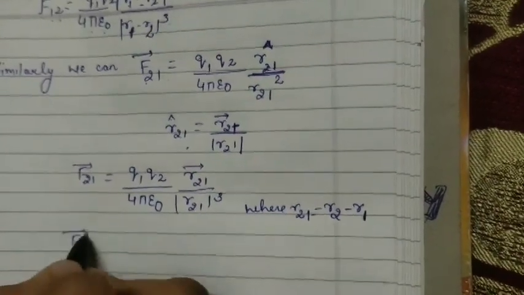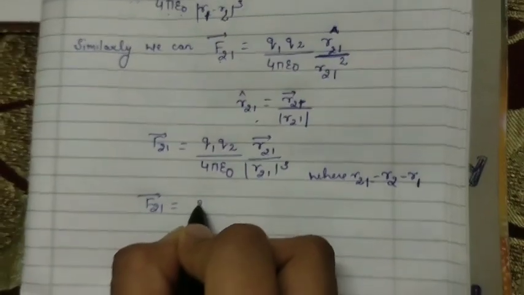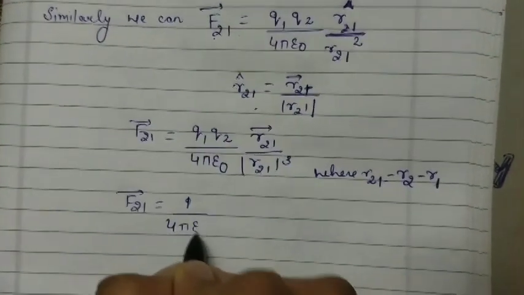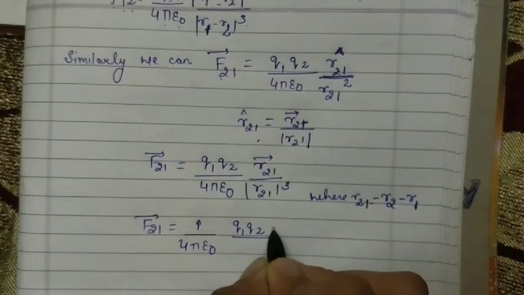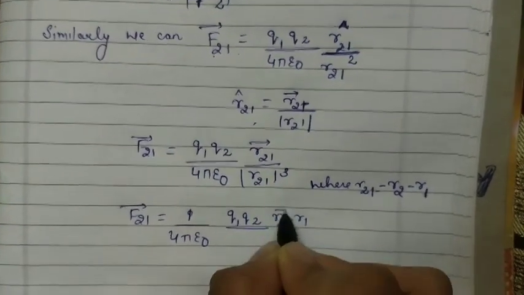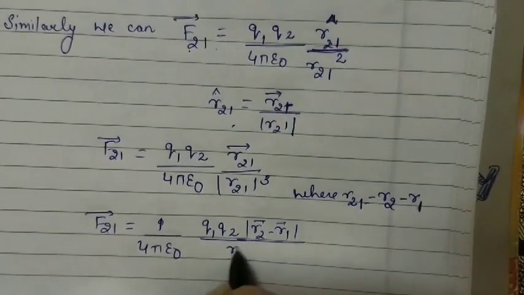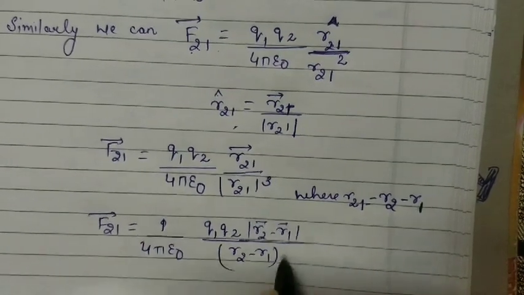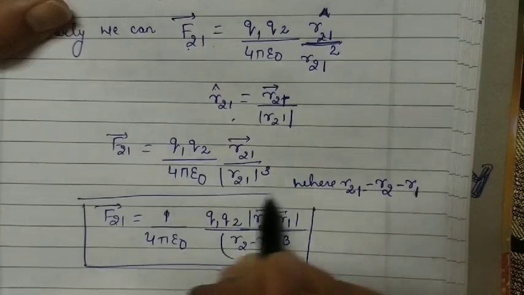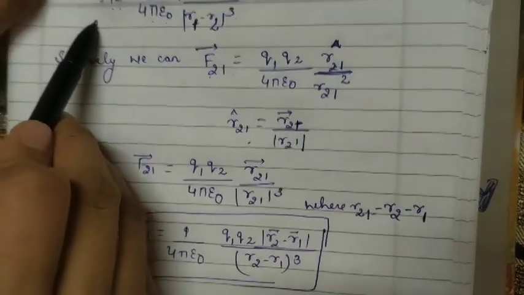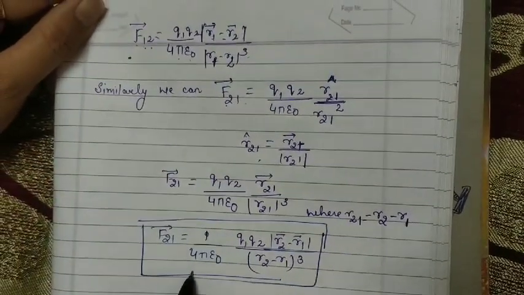So the force F21 is equal to 1 upon 4 pi epsilon naught Q1 Q2 R2 minus R1 divided by R2 minus R1 cube. This is the force in vector form, F12 and F21.